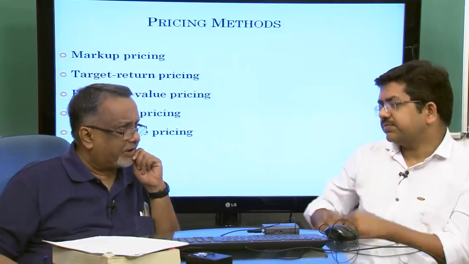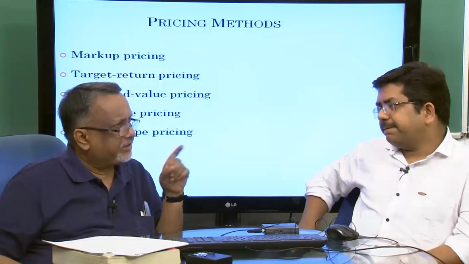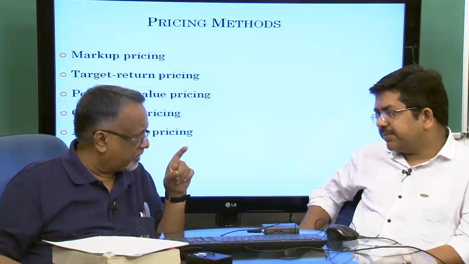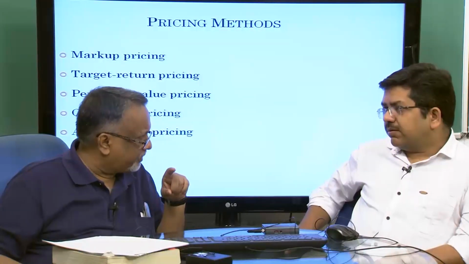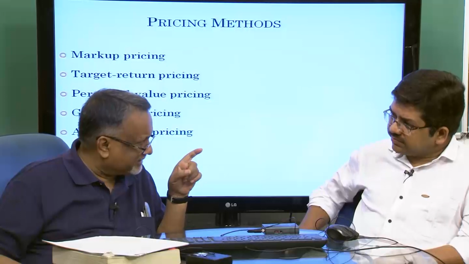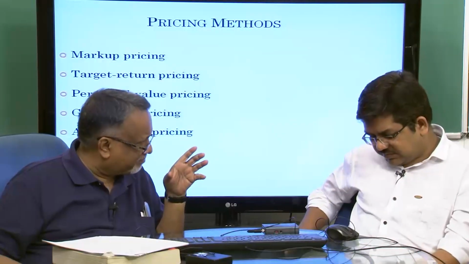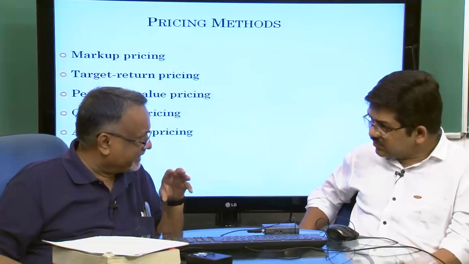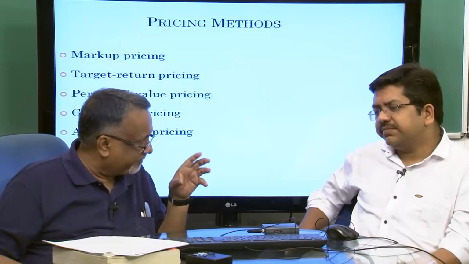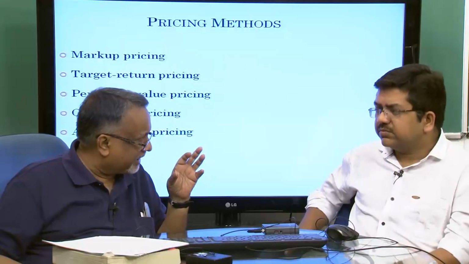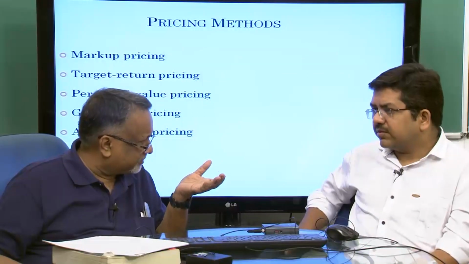One point is that we earlier discussed whether you want to be a leader or a follower. In pricing, if you are a leader, you have the freedom of setting the price more by using the perceived value and other considerations.